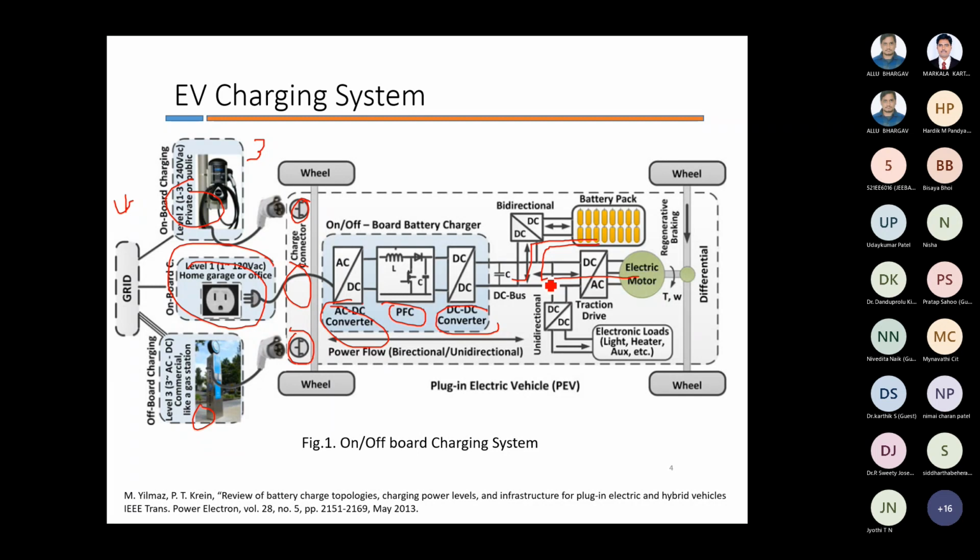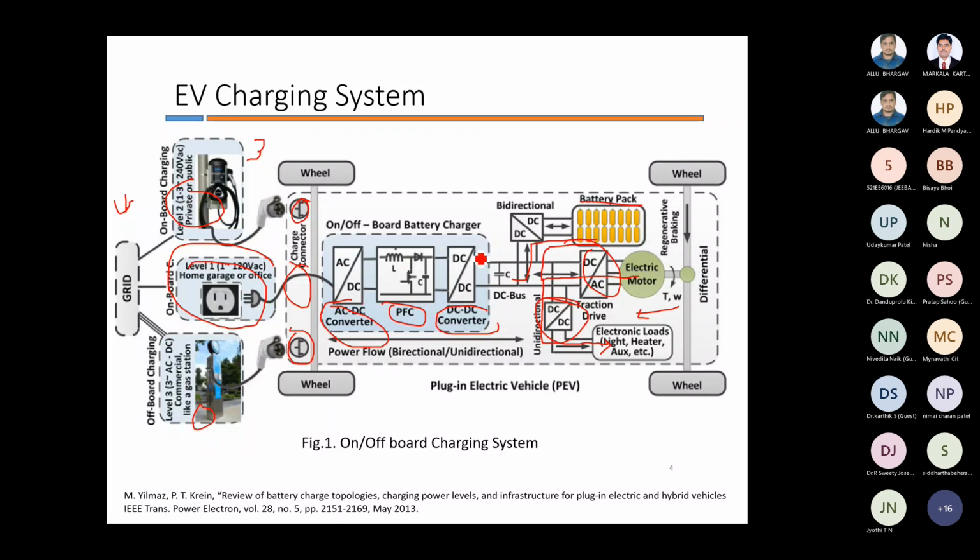Any light loads like electronic loads, lighter, heater, or other auxiliary loads will be supplied through a unidirectional DC-DC converter, and this will be a bidirectional one because when there is any braking or decelerating, it can be used as regenerative power. You can regenerate power and supply it back to the battery pack.